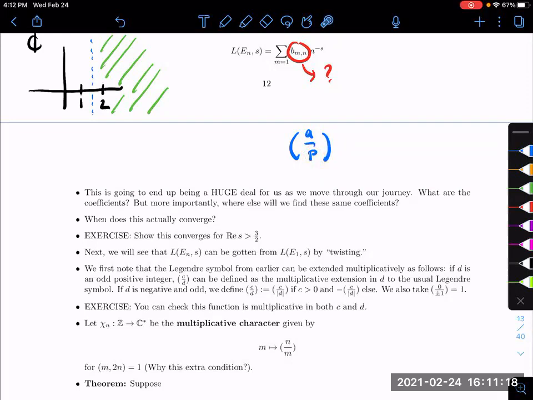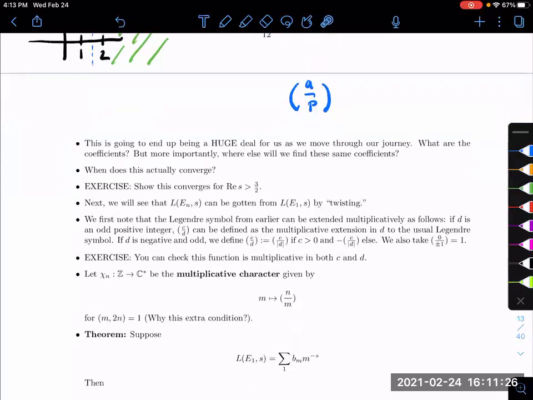It turns out it's very easy to extend this function multiplicatively in the bottom argument in the following way. So let's say d is an odd positive integer. I can actually look at the Legendre symbol of c over d for any c, even though d is not necessarily prime. And the way you do that is you just extend this function multiplicatively.